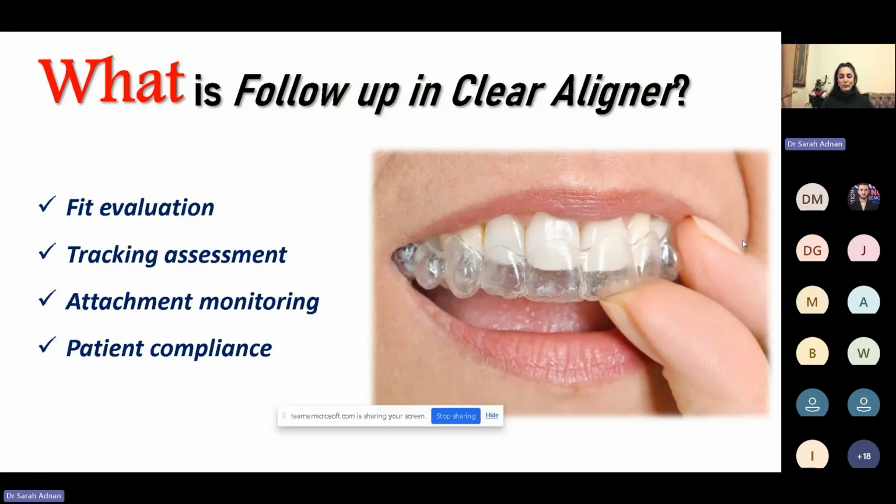The clinician should know what to do, not only change the aligners. Every visit, the clinician should be able to identify fit evaluation, tracking assessment, attachment monitoring, and assessment of patient compliance. We will address every one of these points in the following slides.